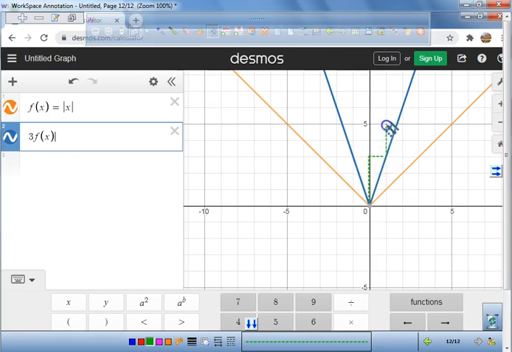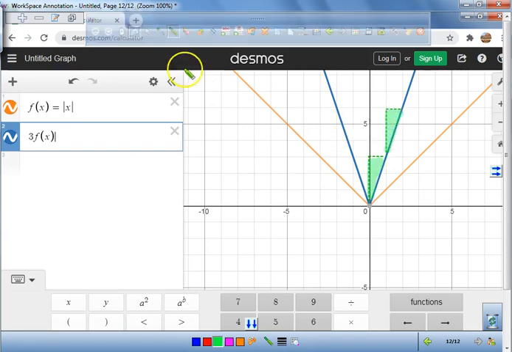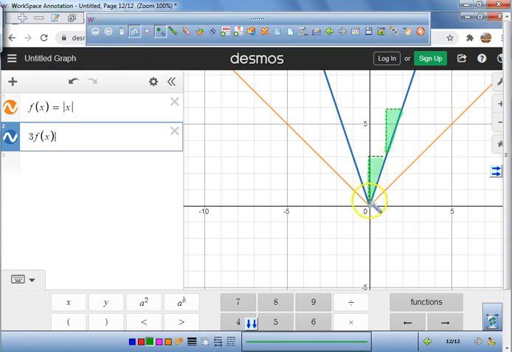Hopefully, if you've been in Algebra 1, what does this remind you of? Rate of change, change in y over change in x. It's very similar to slope. Up 3 over 1, up 3 over 1. There's the change in y, there's the change in x. What we scaled it by is a factor of 3.